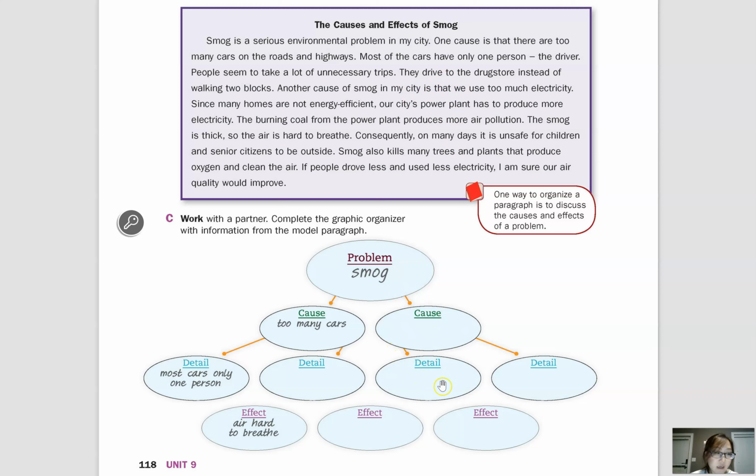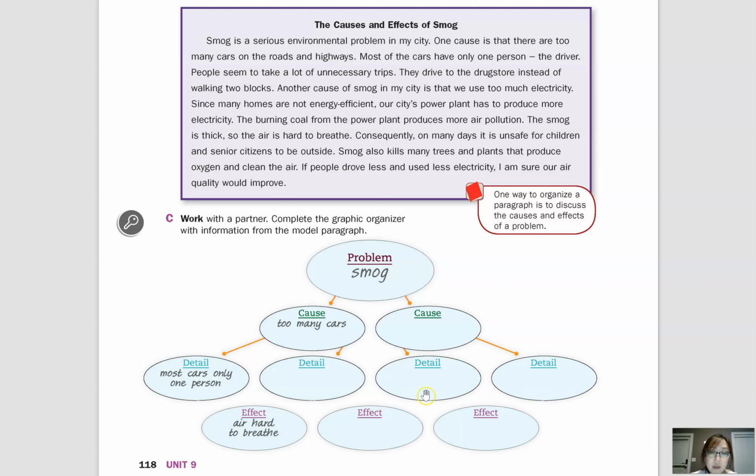And the first detail is homes not energy efficient. And the second detail, burning coal produces more pollution. Or you could also say power plants burn coal. You can see that here in this sentence. So again, you could say burning coal produces more pollution, or power plants burn coal.